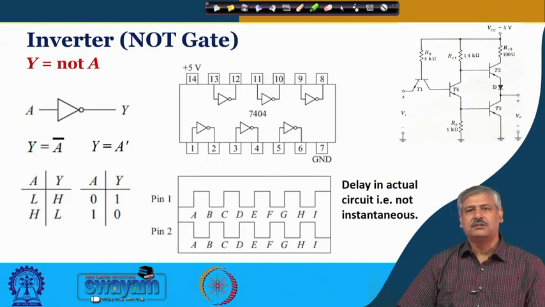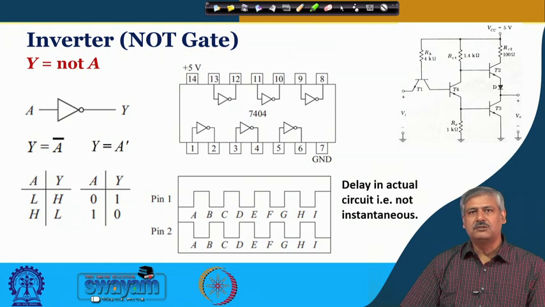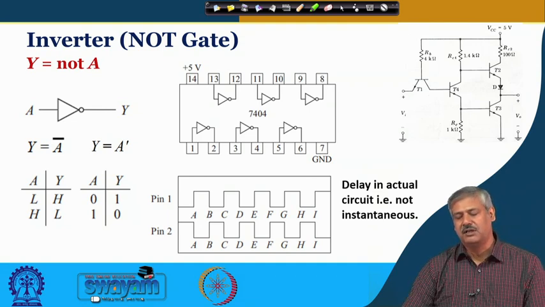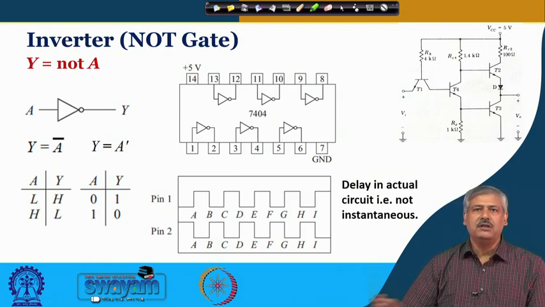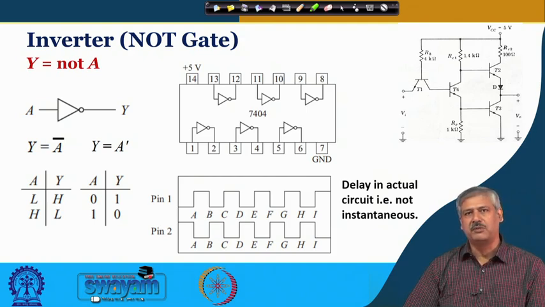To start with, we recollect that we had discussed the inverter through CMOS technology and through TTL technology, and we have given a circuit of the inverter using TTL at the right hand side. But when we use these as a building block, we shall not present either the CMOS circuit or the TTL circuit everywhere, because the whole circuit will look very complex.